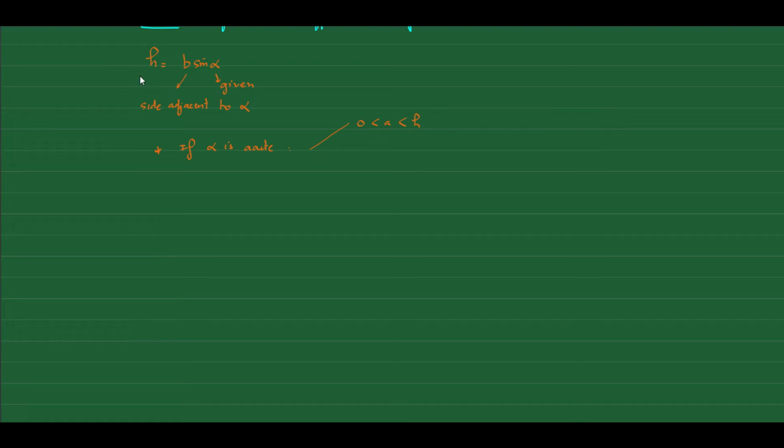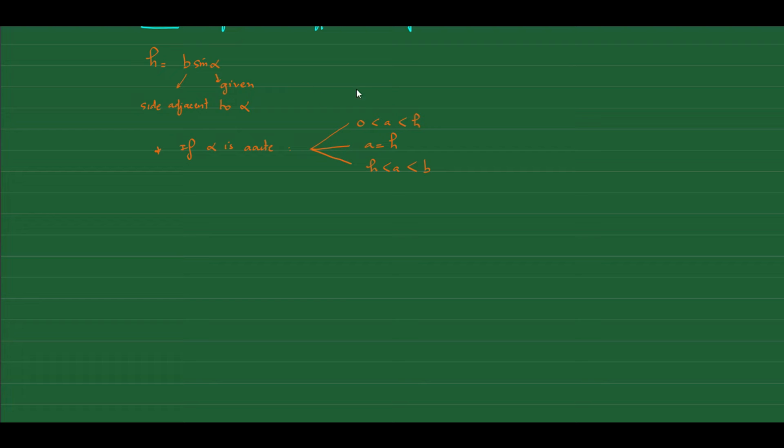So after you calculate the h, okay. The second case is when a is equal to h. The third case is h is less than a and a is less than b. Okay. A is the side opposite alpha.